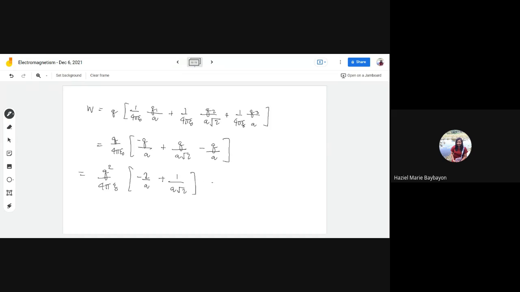You can further simplify this. You have Q squared over 4 pi epsilon naught. You can take A out. So we are left with negative 2 plus 1 over the square root of 2. Since these are just constants, you can simply add them.